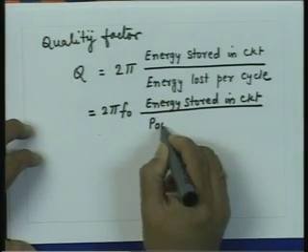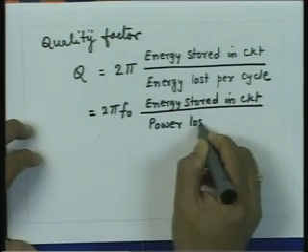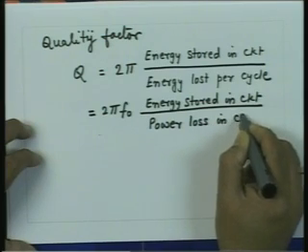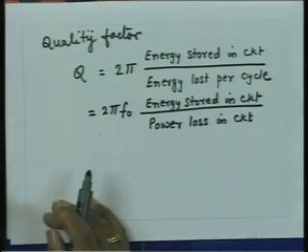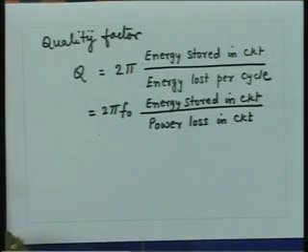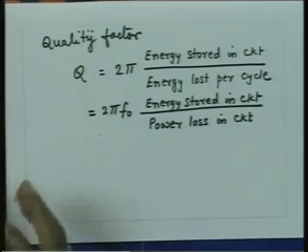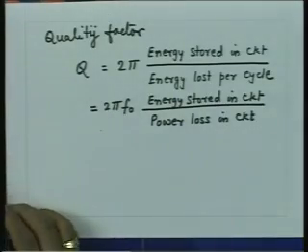So, to calculate the quality factor, if I find out what is the energy stored in the section of a transmission line, and if I calculate what is the power loss in the transmission line, then I can find out what is the quality factor of that section of a transmission line.